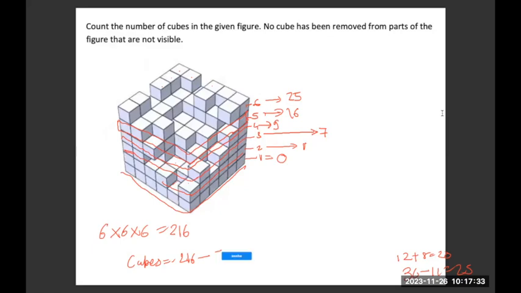Which will be equal to, I've made some mistake. 1 plus 158. So the answer is 158 cubes.